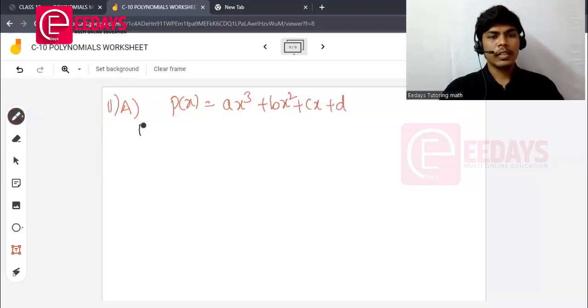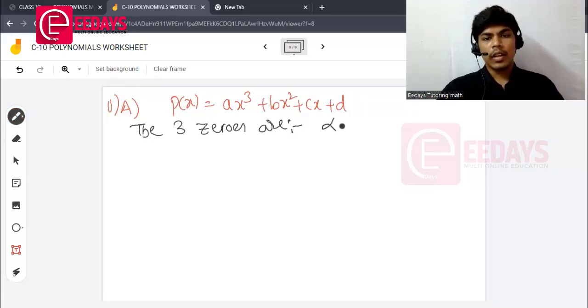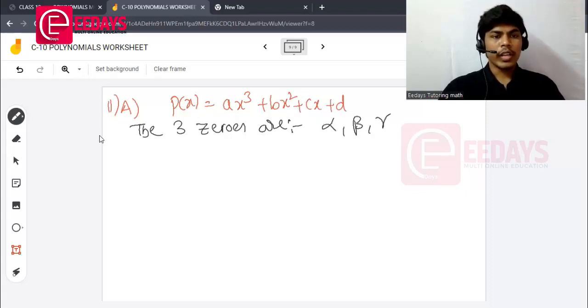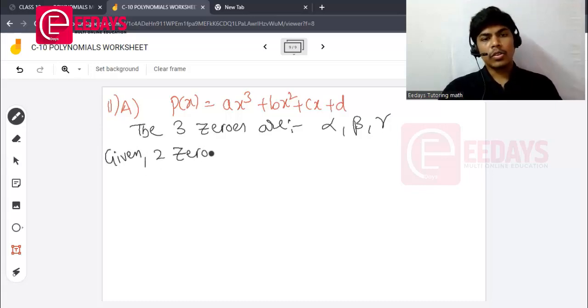The three zeros are alpha, beta, gamma. Two zeros they already given are 0, so let us take alpha is equal to 0, beta is equal to 0.